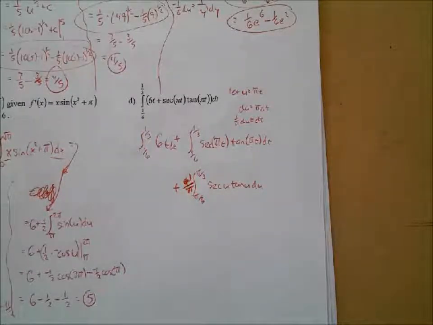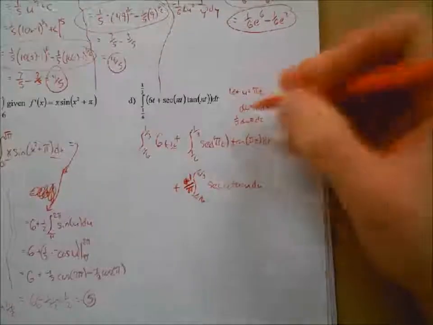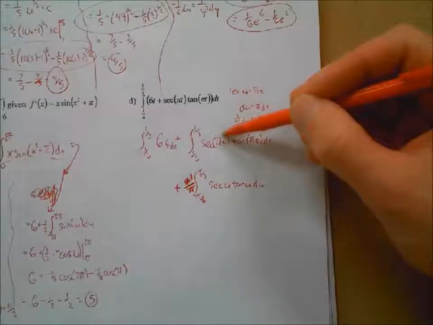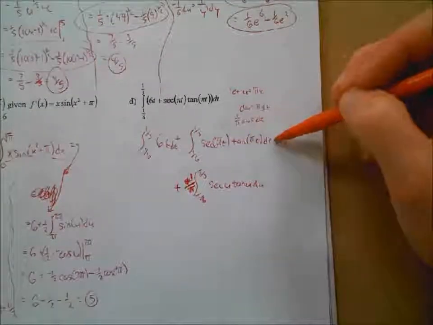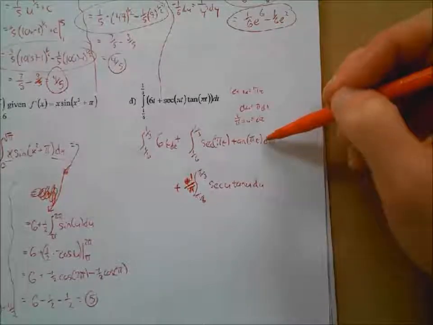Any questions on just that substitution? Yep, please. Why did you divide by the pi when you're finding du? Because when you look here, we're looking to substitute, right? If we're going to change this to be in terms of u, we need our dt to be rewritten in terms of du instead. We need to translate all in terms of u.